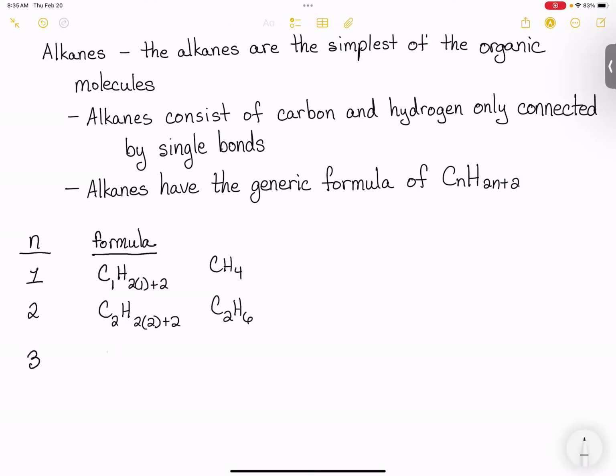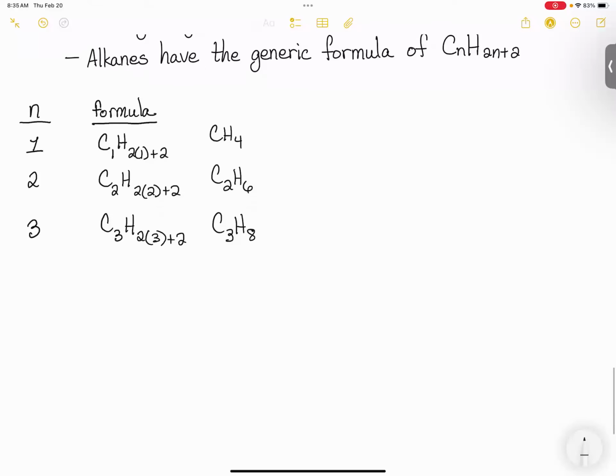If n is equal to 3, then it's C3, and the H would be 2 times 3 plus 2, or in other words, it's C3H8. If n is 4, then it's C4, H 2 times 4 plus 2, or in other words, C4H10. So what would the formula be if it is 5? C5H12.